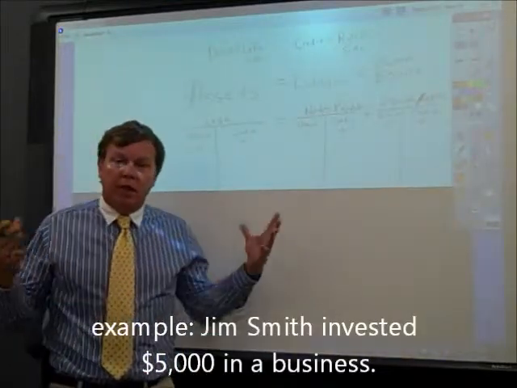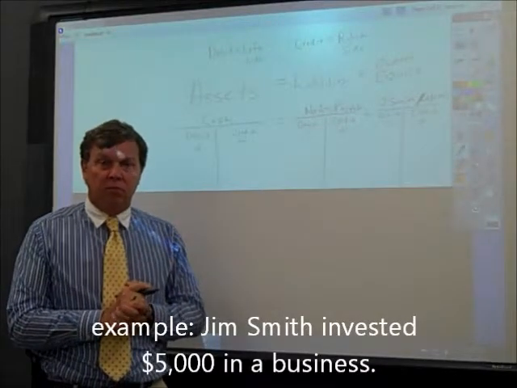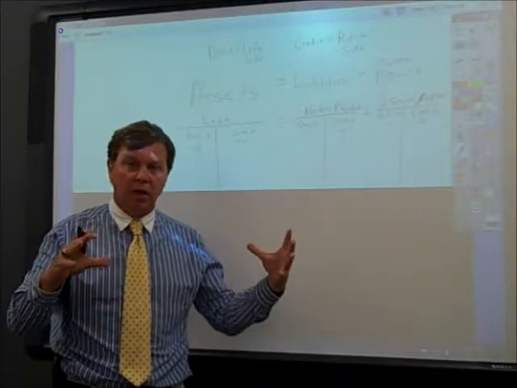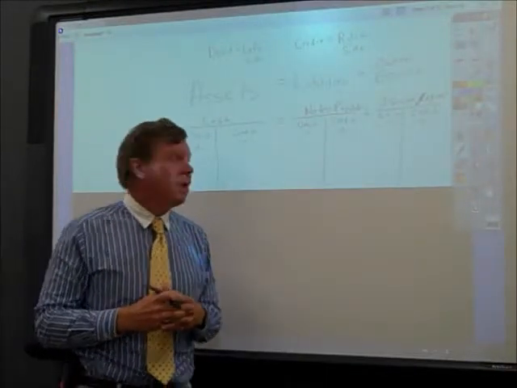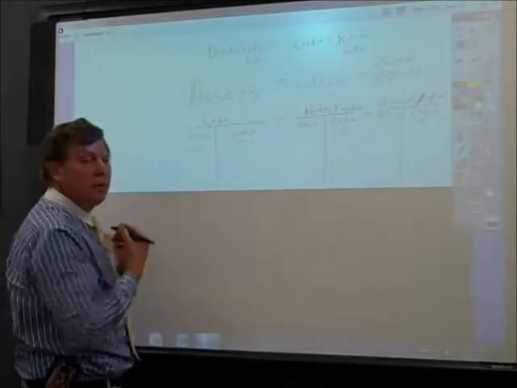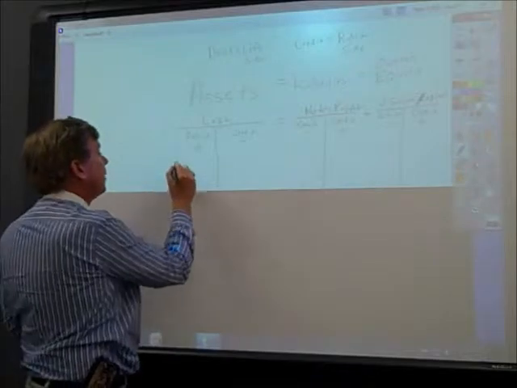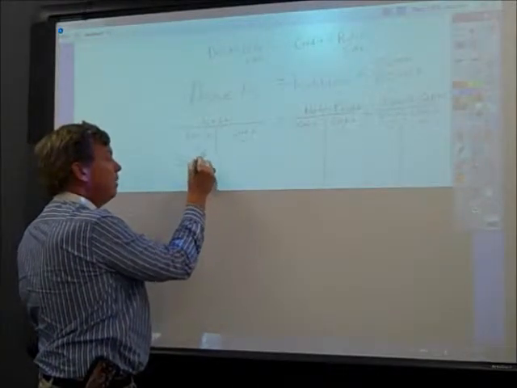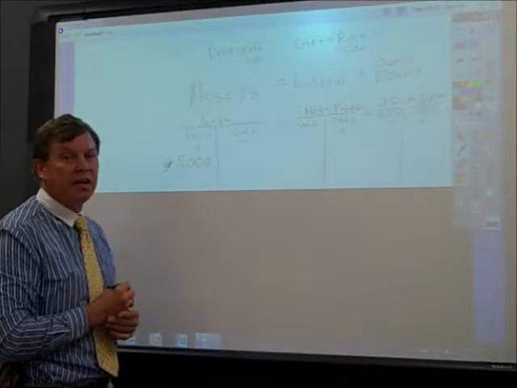Now, let's say that Jim Smith invested $5,000 in the business. He took it out of his personal funds, put it into a business bank account, and designated it as business money. Well, what did the business receive? The business received cash. We said that what we receive, we are going to debit. So we would debit our cash account for $5,000.